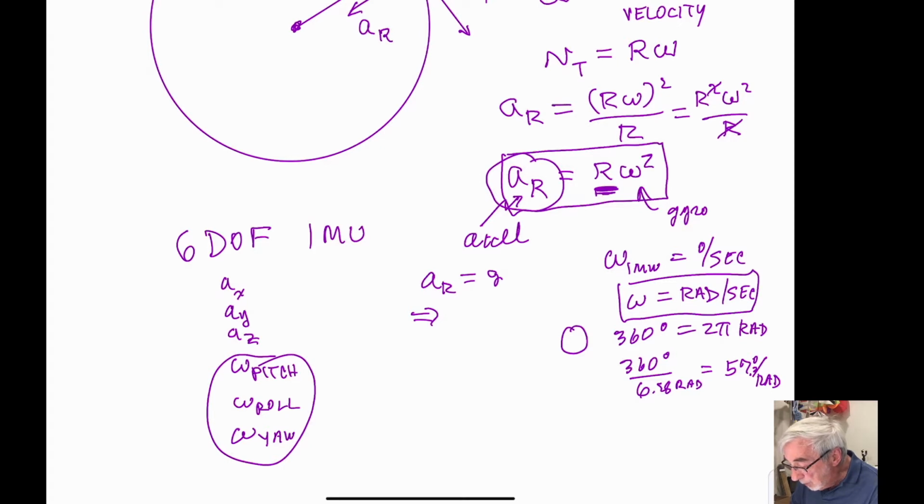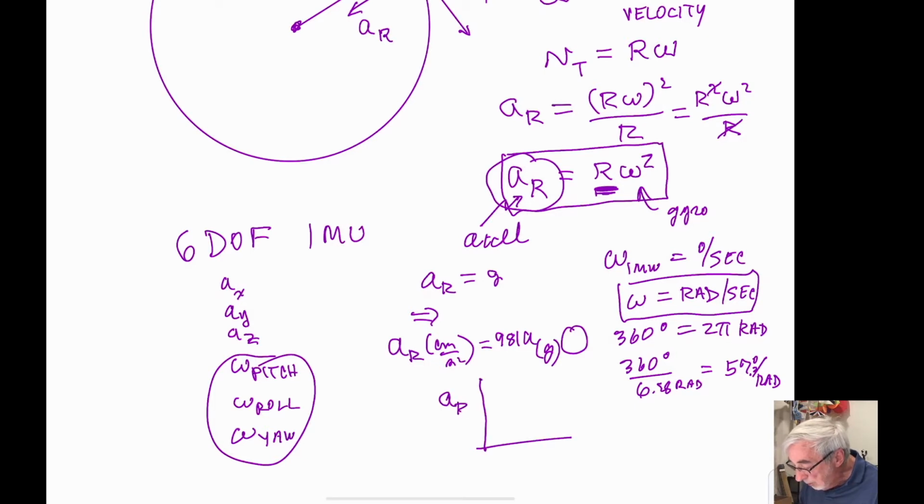So a radial in centimeters per second squared is 981 times a in units of g. Then if we plot a radial as a function of omega, we get a nice quadratic fit, and we'll do a polynomial fit, and the shape of that curve will give us a value of r in centimeters, and you're going to find that you get very good results.